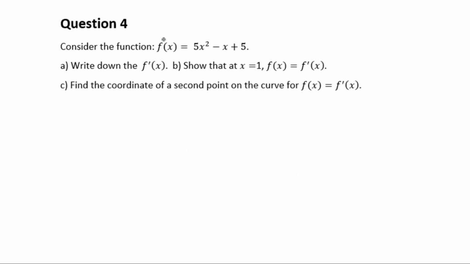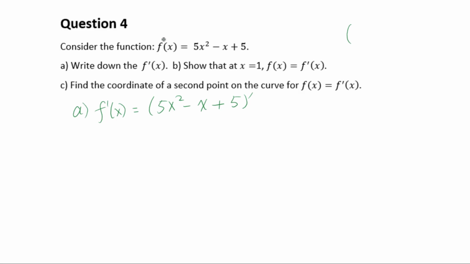Let's go to question 4. Consider the function f of x equals 5x squared minus x plus 5. A. Write down f prime of x. f prime of x equals 5x squared minus x plus 5, prime.